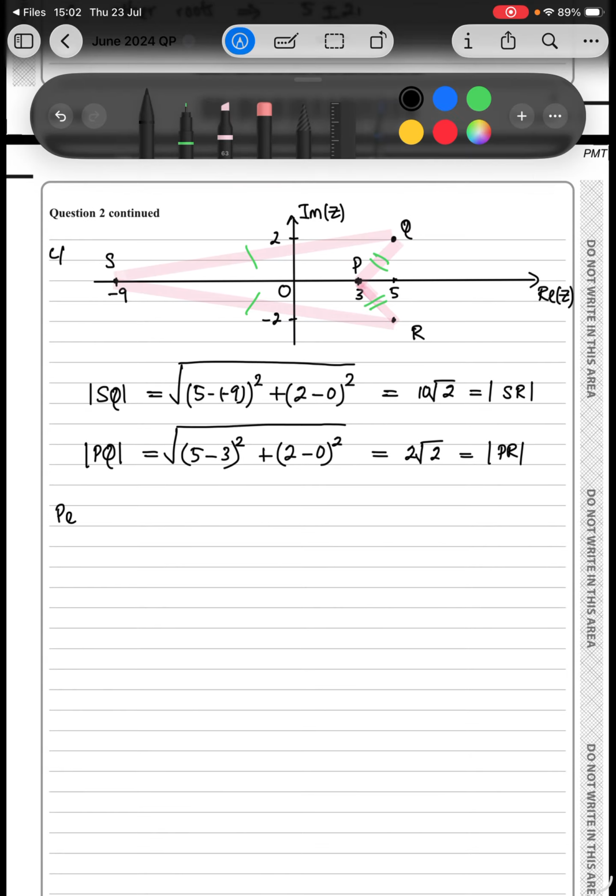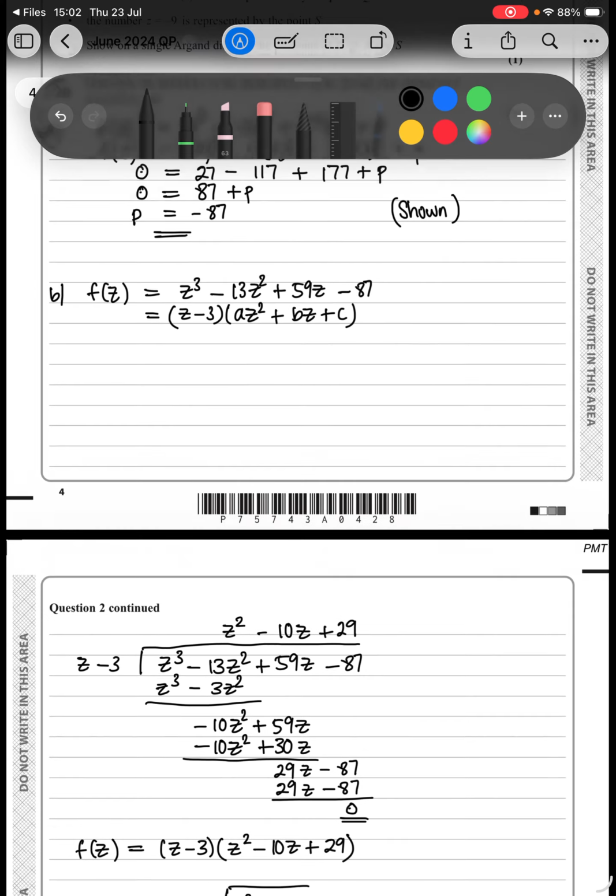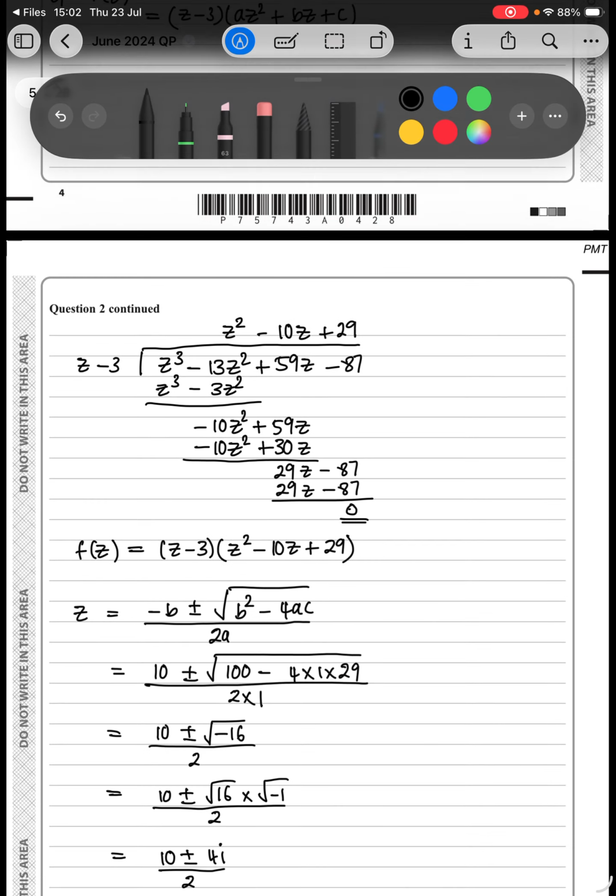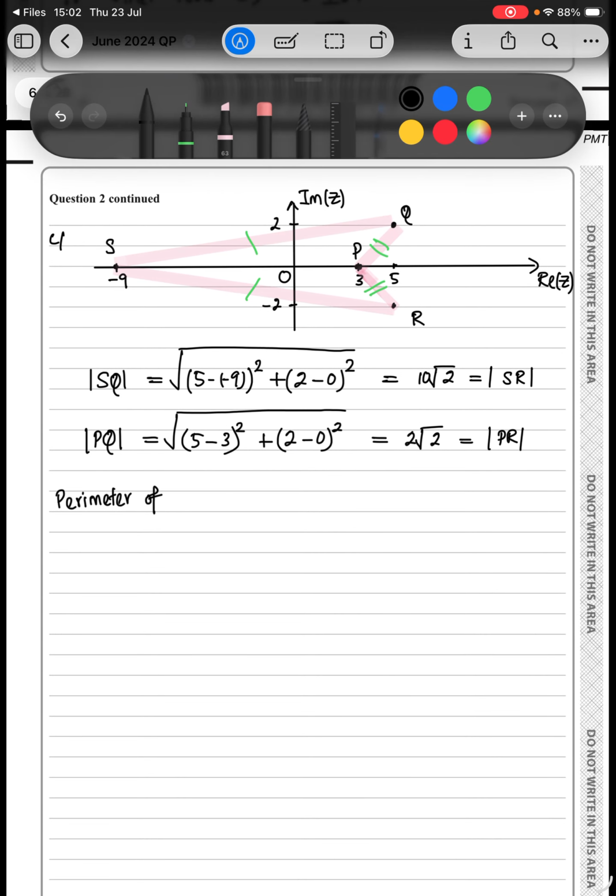So, the perimeter of PQSR is length of SQ plus length of SR plus length of PQ plus length of PR.